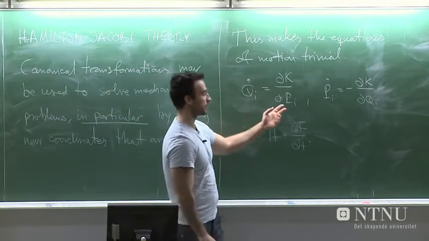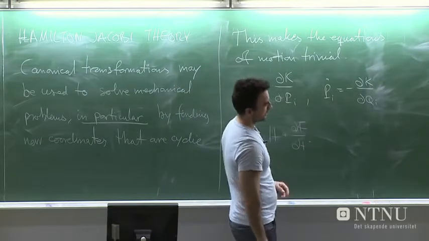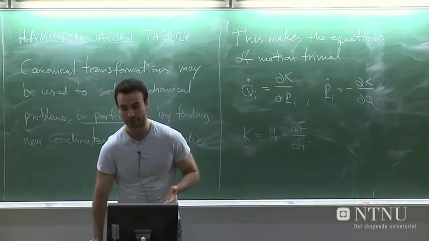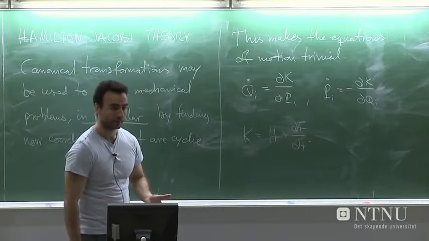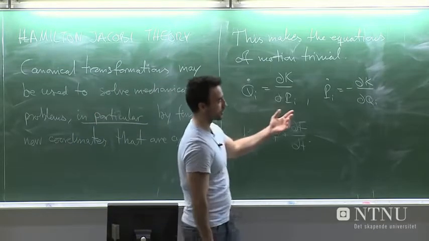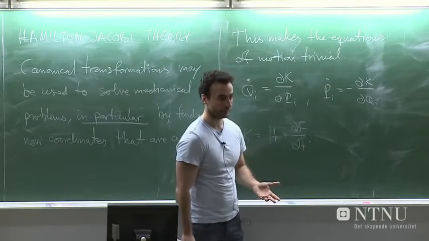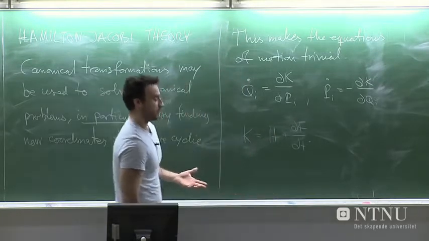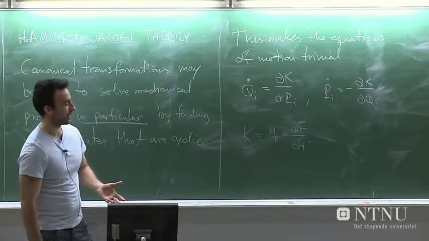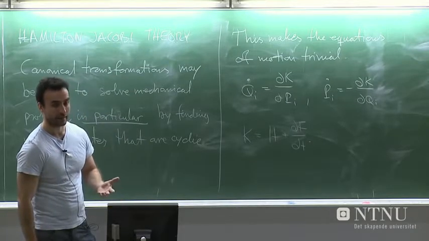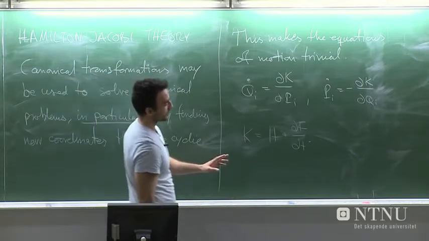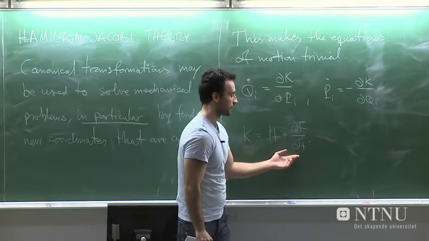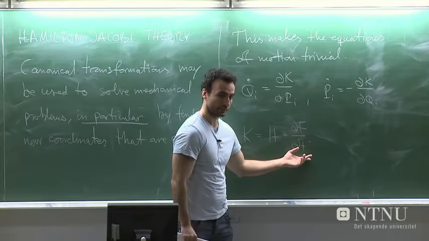Then we just have 0 and 0. So it might sound a bit absurd, but mathematically it's correct. If the new Hamiltonian is 0, then large P and large Q are for sure cyclic coordinates. Okay, fair enough, but how can we get a Hamiltonian which is 0? Well, the idea is to use precisely the freedom of this term.